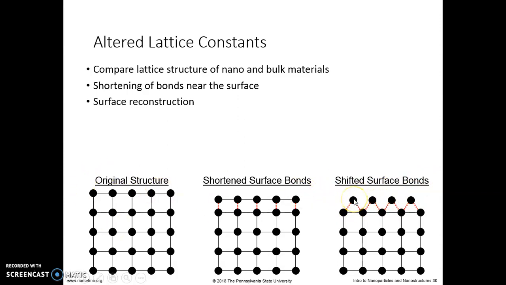The first line of atoms is varying. Comparing the lattice structure of nano and bulk materials, there is shortening of bonds near the surface. So with the help of this, the surface energy also varies.